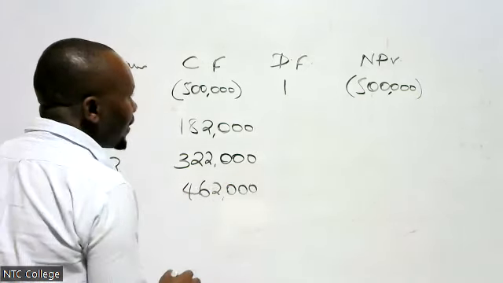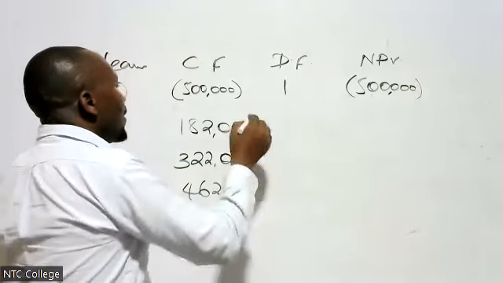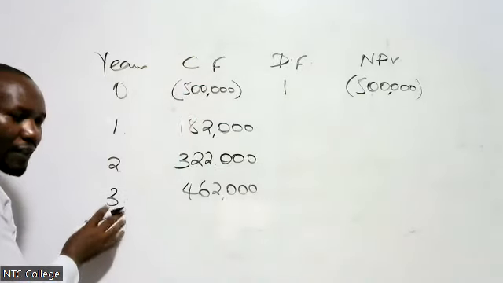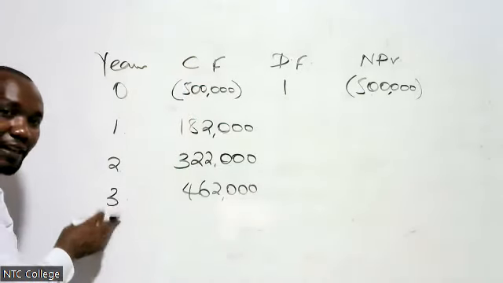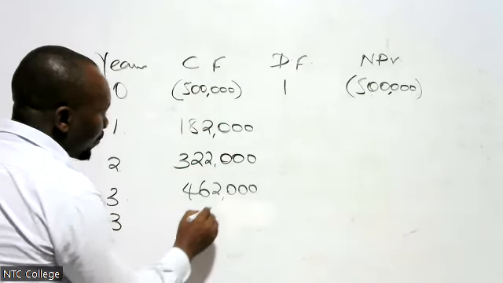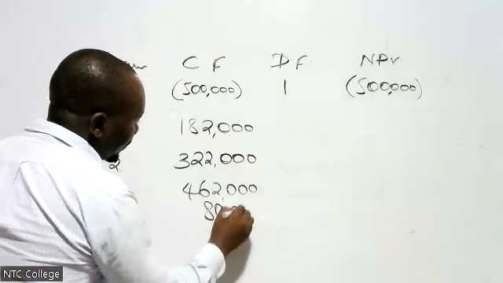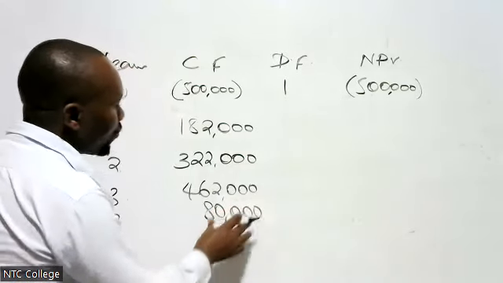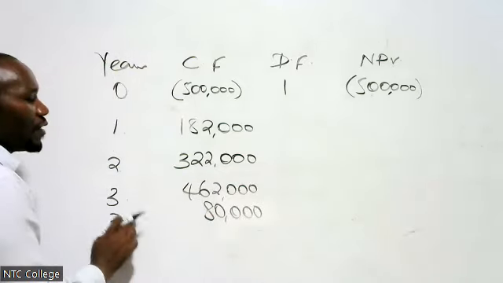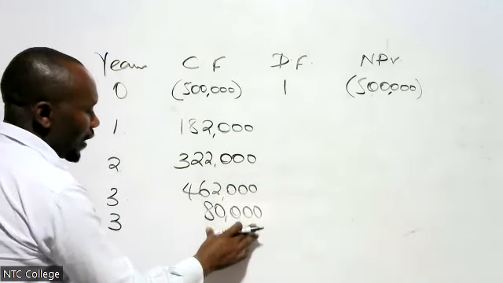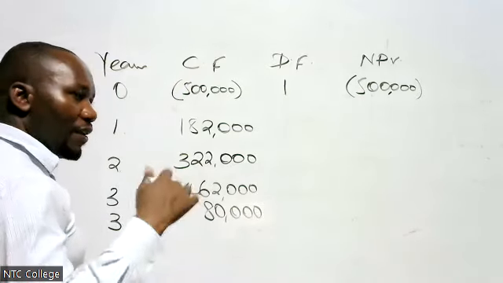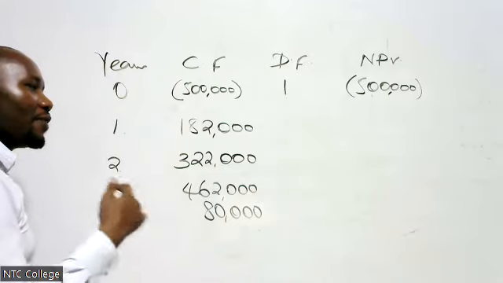If they keep on increasing every year, then the discounting factors, you can also put them there. Now, here is where you bring the scrap value, because you're going to sell it in year 3. So the same year 3, the scrap value is 80,000. The discounting factor for the scrap value in year 3 is the same as for the cash flow in year 3, if the cash flows are irregular.